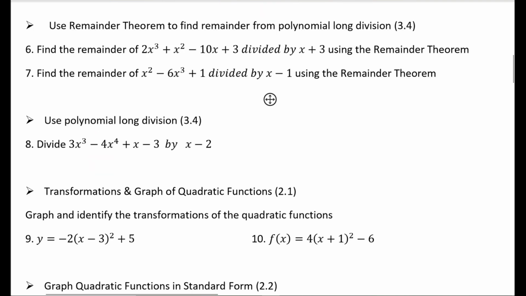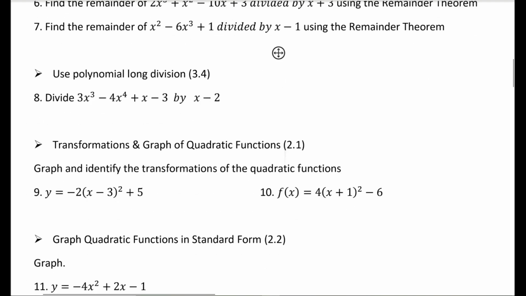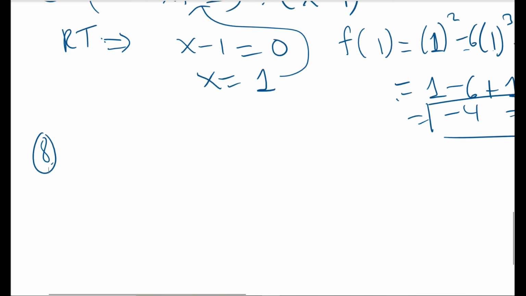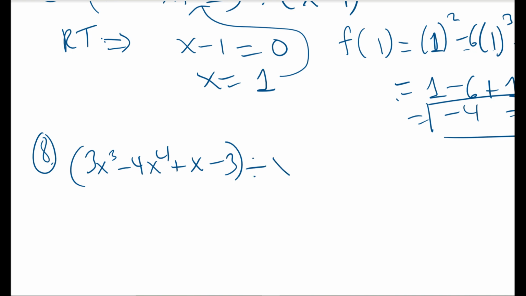So number 8 is asking us to perform polynomial long division. All right, so just long division, not synthetic or any other technique. Just what we've been doing in class. All right, so let's do that one. So we have here 3x cubed minus 4x to the 4th plus x minus 3 divided by x minus 2.